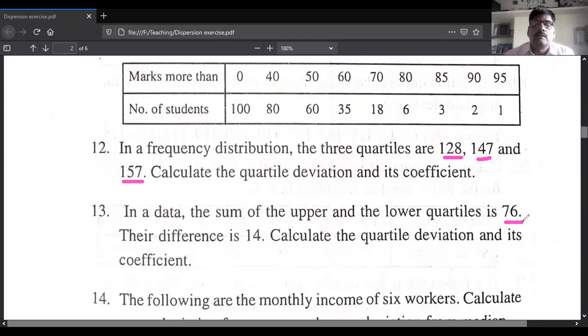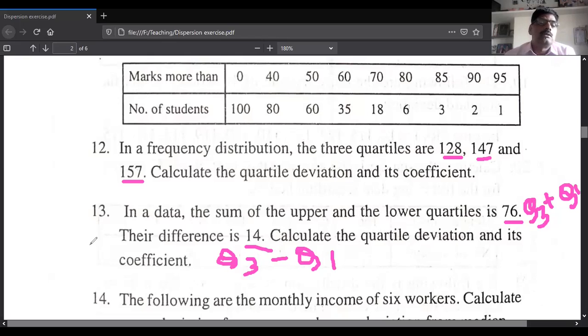Here the difference is given: this is Q3 plus Q1 and this 14 is Q3 minus Q1. With these you apply the equation for quartile deviation and coefficient. You solve these questions.